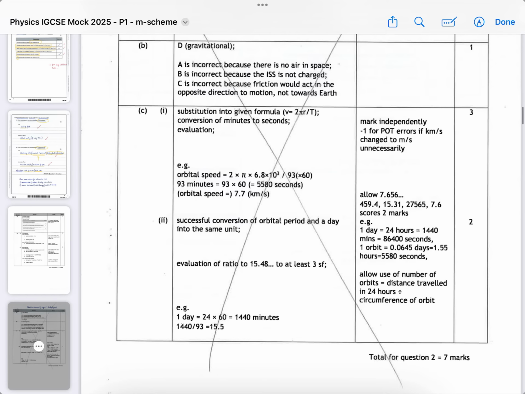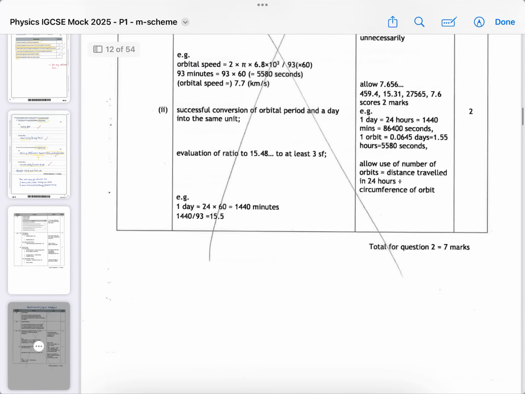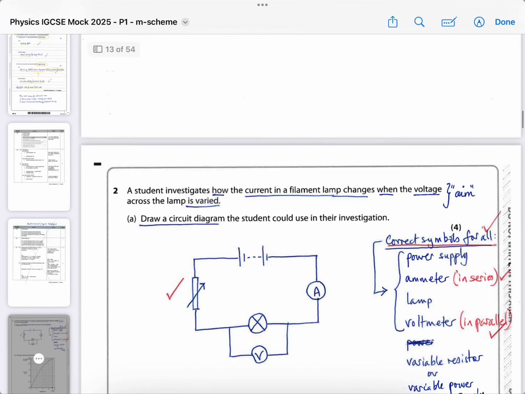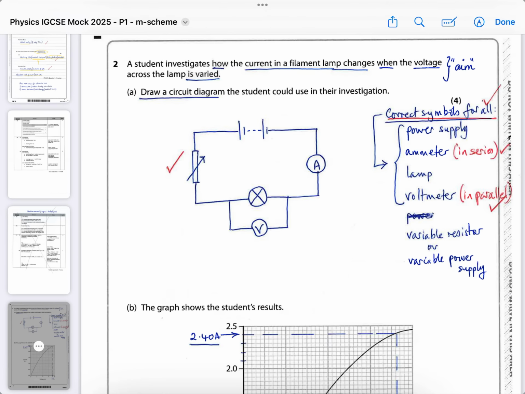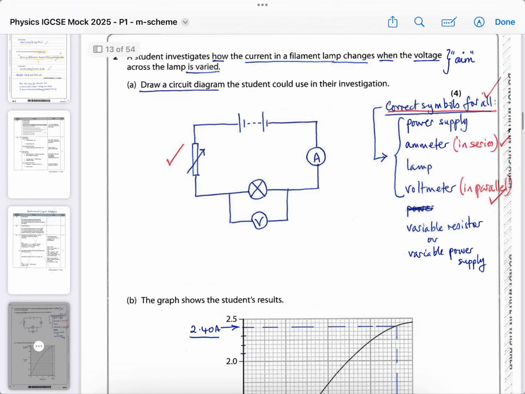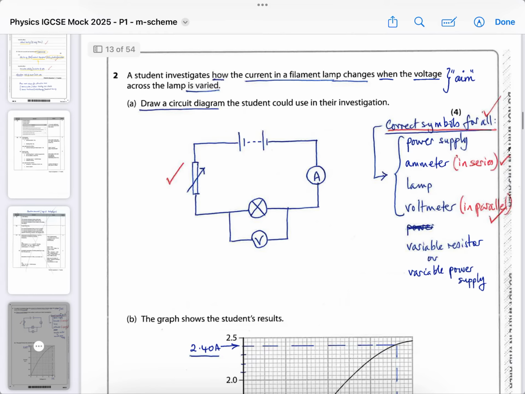Feel free to stop the video if you did this question and you're from a different school. Remember to like and share the video with your friends so more students get to benefit from the model answers I'm putting out there. Question 2 that I replaced is this one.